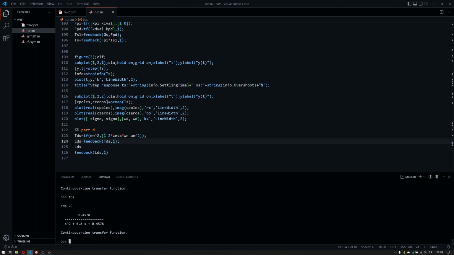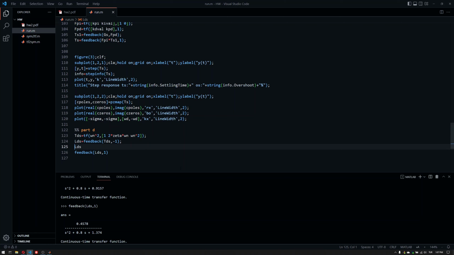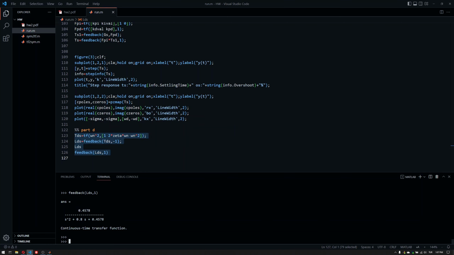So this is TDS. In the open loop, TDS should be, I guess, -1. Let's try it here. Yeah, now if we use LDS and give -1, we're basically converting TDS into open loop. So it would look like this.